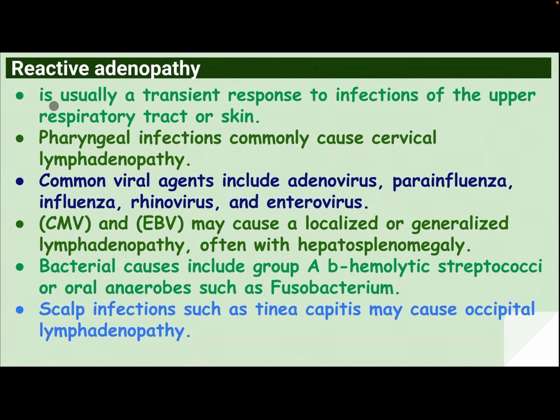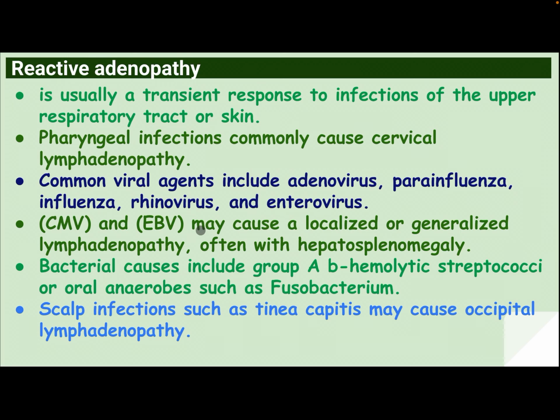Reactive adenopathy is usually a transient response to infections of the upper respiratory tract or skin. Pharyngeal infection commonly cause cervical lymphadenopathy. Common viral agents include adenovirus, parainfluenza, influenza, rhinovirus, and enterovirus.